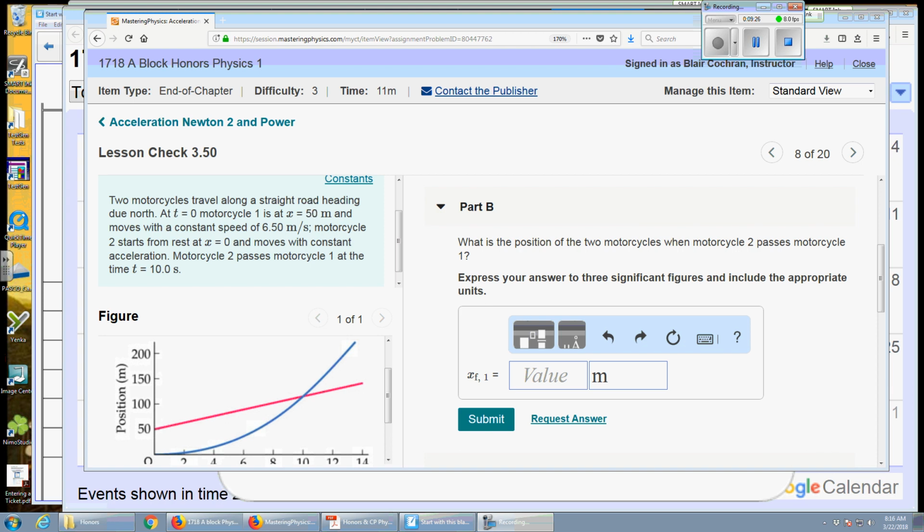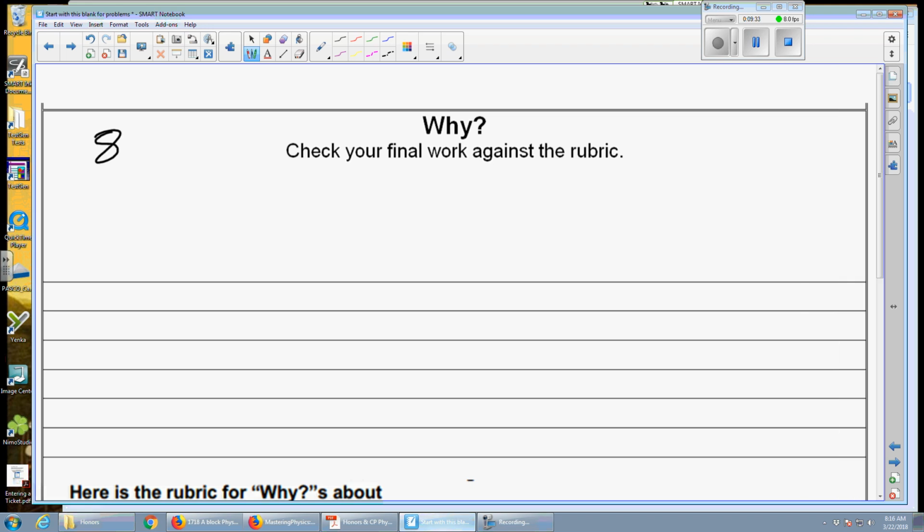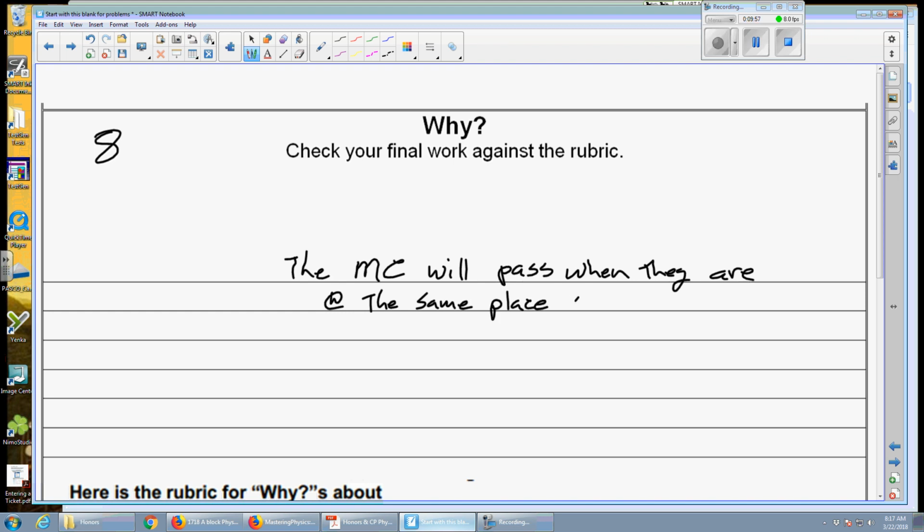So, again, it's going to be a written Y. I would point out some facts, like the motorcycles will pass when they are at the same place at the same time.